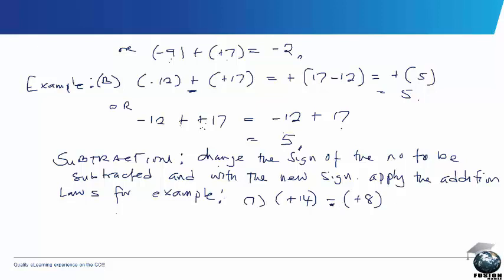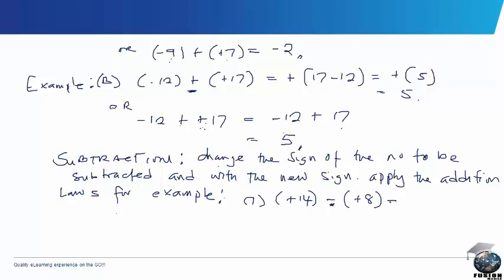Good. How do we carry out this operation? The instruction says that you change the sign of the number to be subtracted with the new sign and then apply the laws of addition.